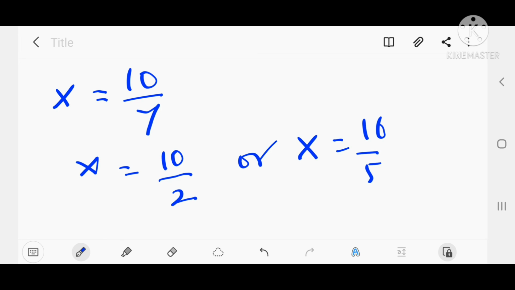That gives us x equals 5 and x equals 2.